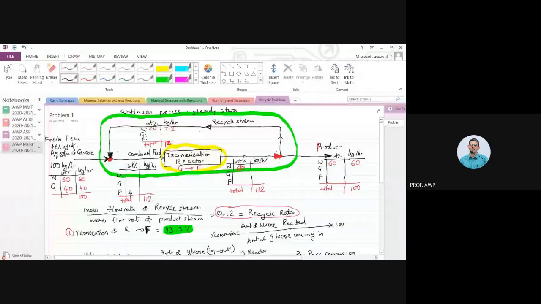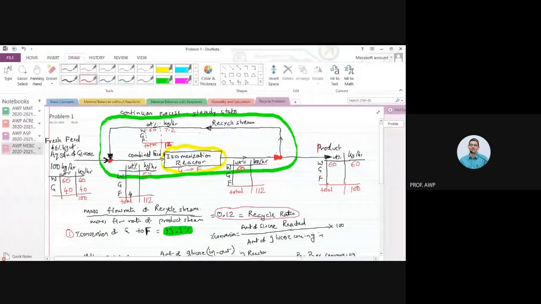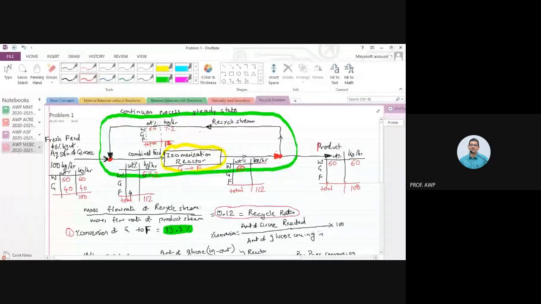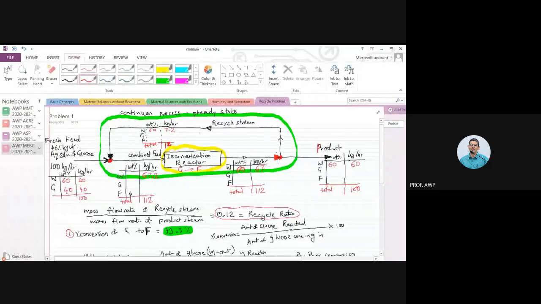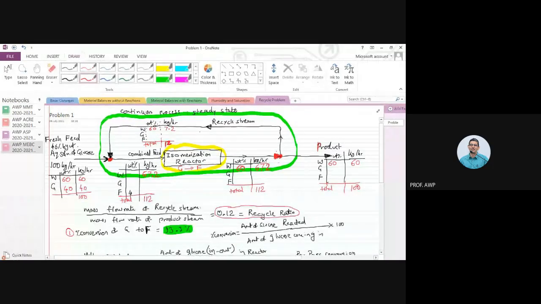So the water going in the combined feed must be 67.2 kgs per hour. Now, if you look at the reactor, water coming in is 67.2 kgs per hour. Water is not reacting, so water going out must be 67.2 kgs per hour. So far, so good. Do we agree? Yes, sir. Agree.